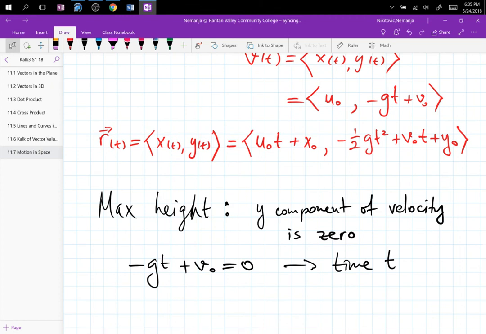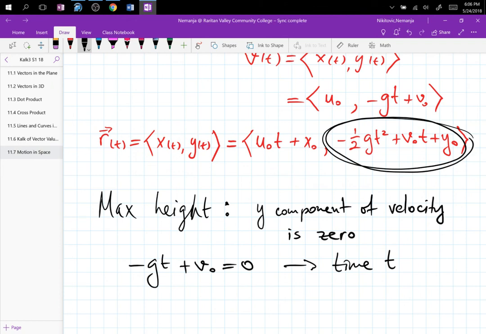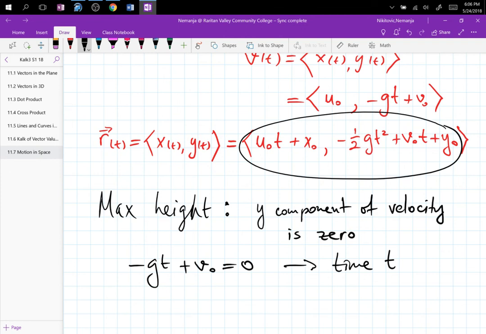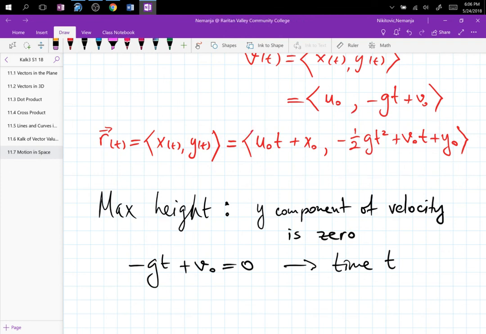And then you will plug that time t into the position vector to find the point, and the y component gives you the height. So that's how you find the maximum height. Your velocity needs to be equal to 0, because at that point you are at the maximum height.